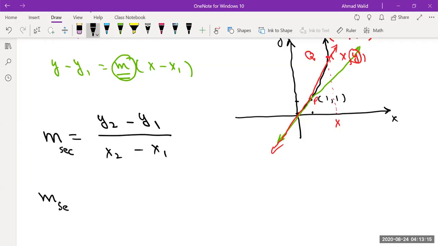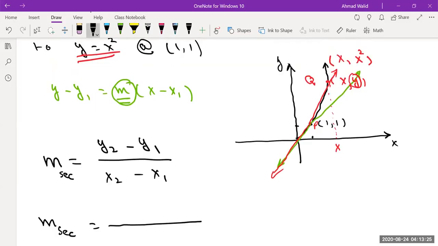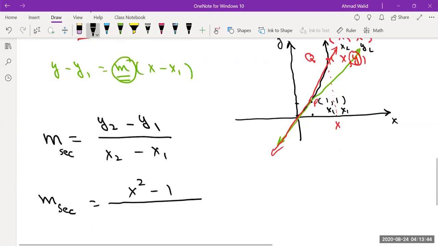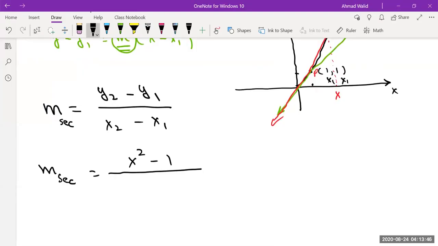Then the slope of the secant line equals, how much is your y2? This one is your y2. This is x2, y2. This is x1, y1. Correct? y2 minus y1 means x squared minus 1, over x2 minus x1, which is x minus 1.